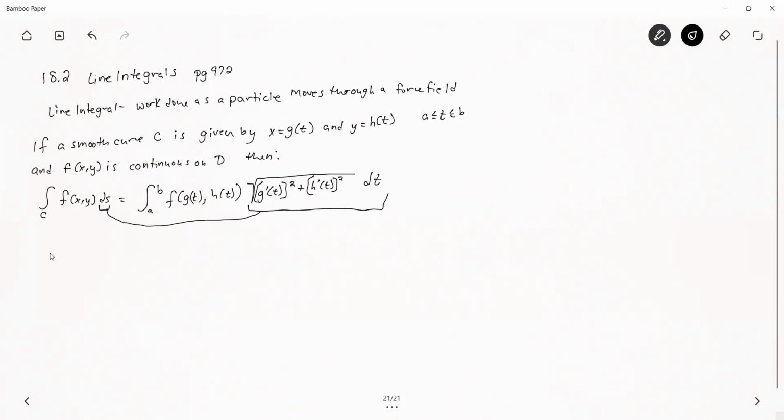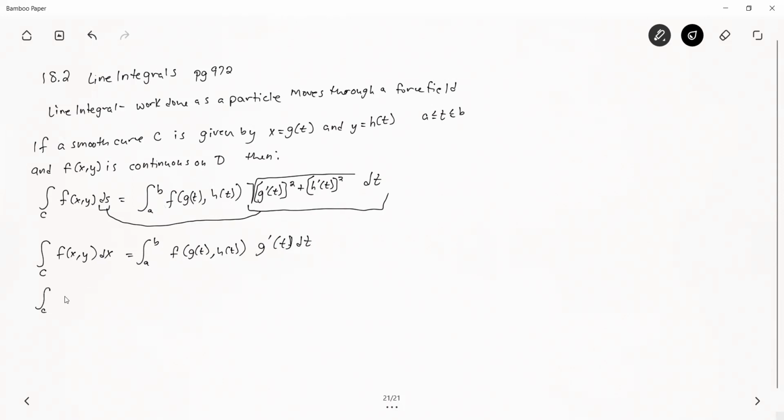So if we do the line integral over that curve of f of x, y dx, that's given by the integral from a to b of f of g of t, comma, h of t, g prime of t dt.